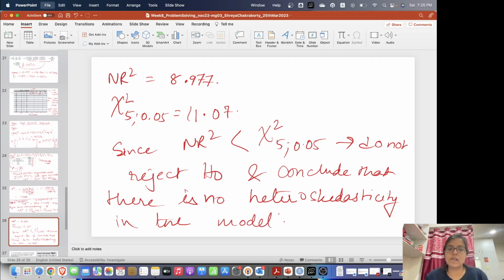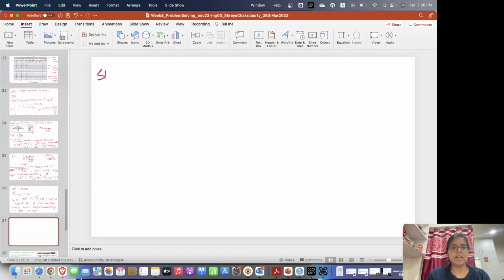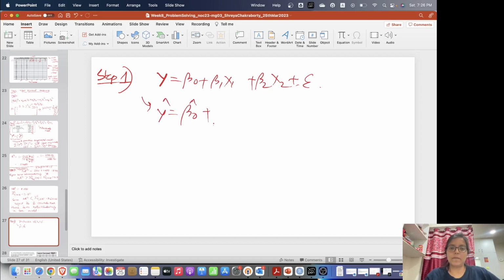Is it okay? So step by step, once more if I have to repeat. The first step is to regress y on the original variables. So from here we will have the OLS estimates.